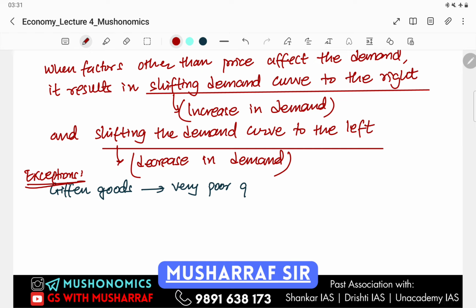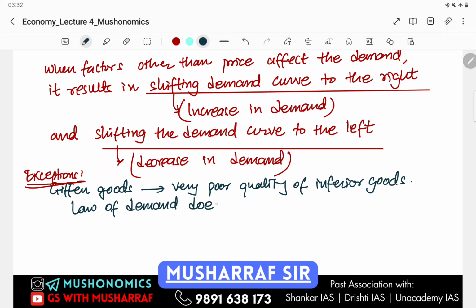Giffen goods, number one. A Giffen good is what? A very poor quality or inferior good. So the law of demand does not apply.